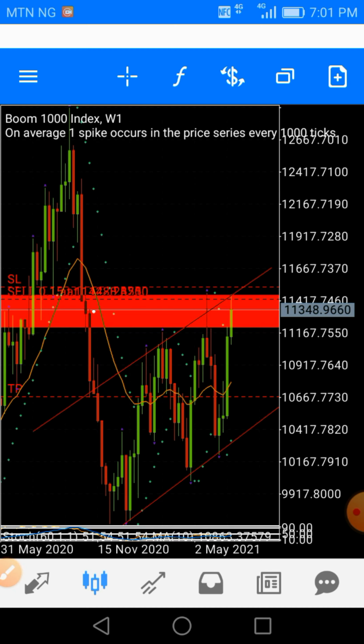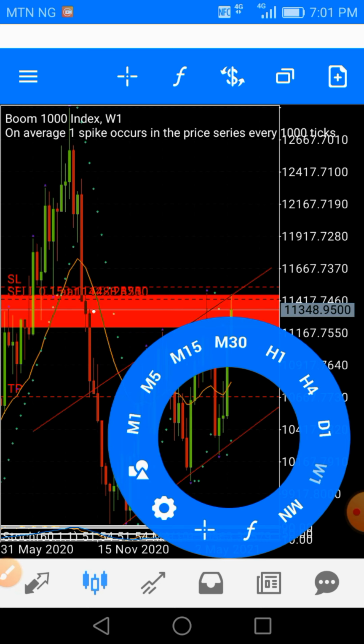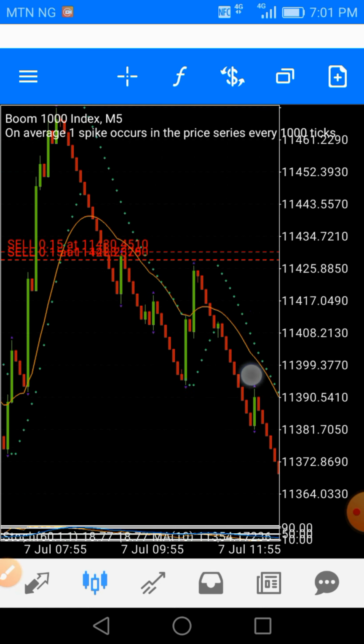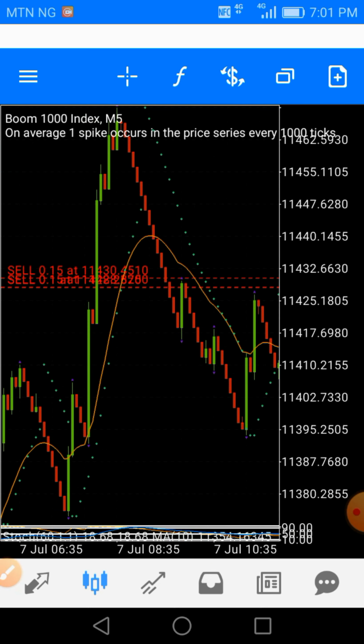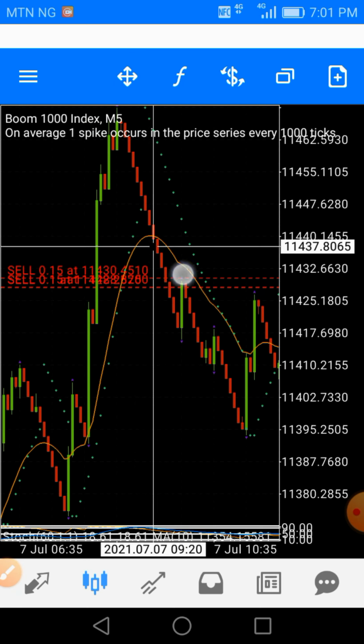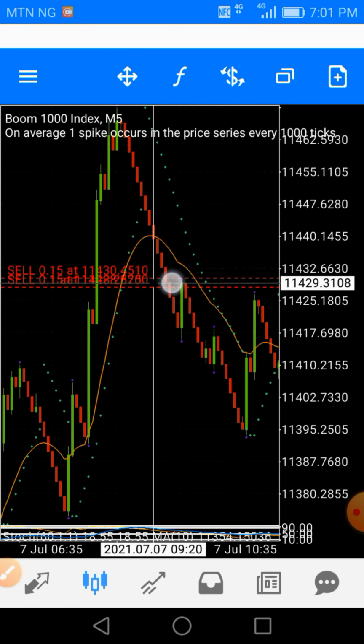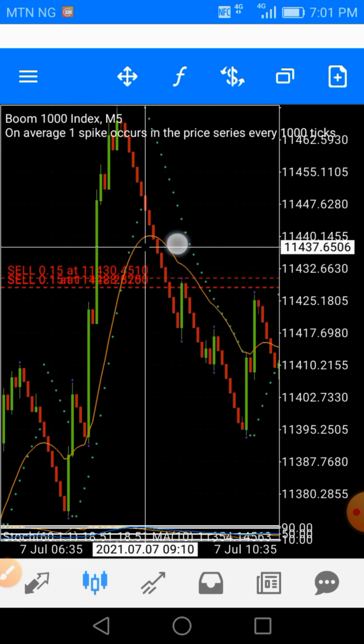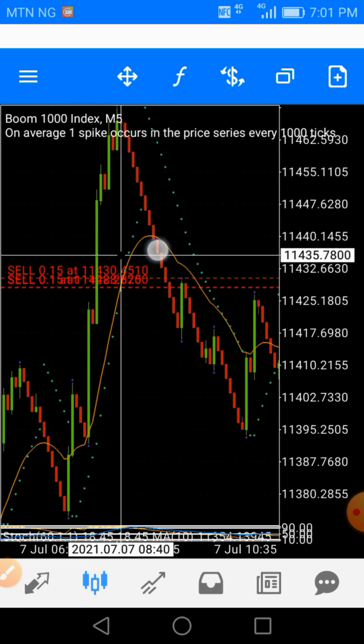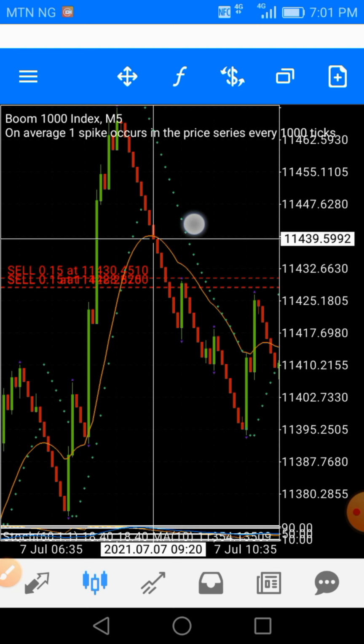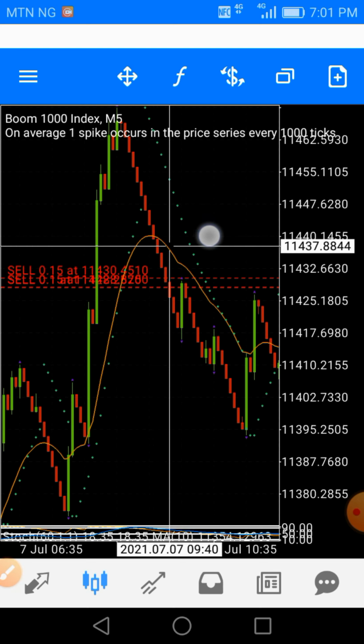Now before I say goodbye for today, let's move to a lower time frame. Let me show you something. We actually entered the trade here, and when I did the analysis in the first place, I told you the function of this moving average. We entered this trade when this moving average curved on M5 and the market came below it.